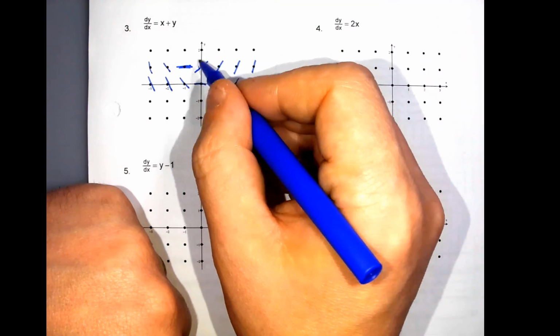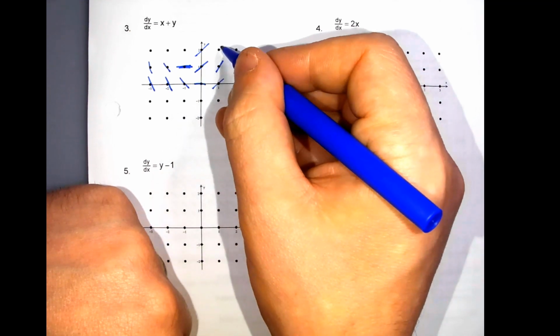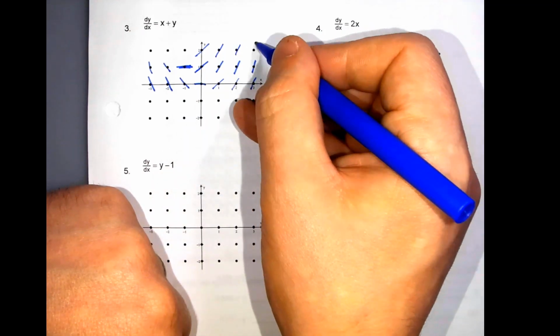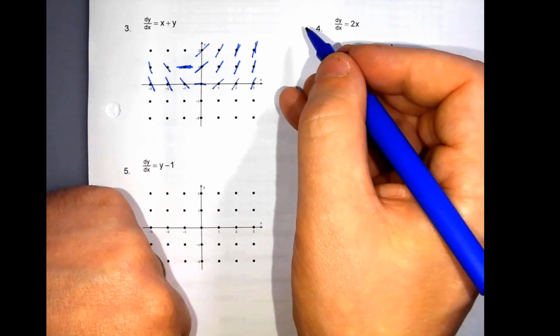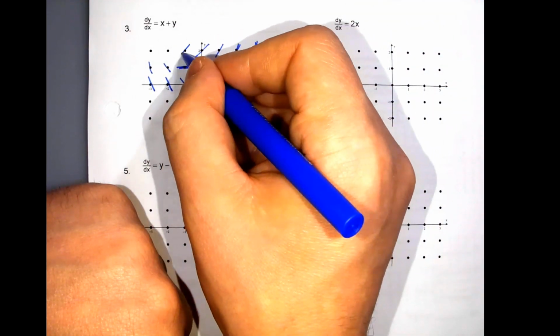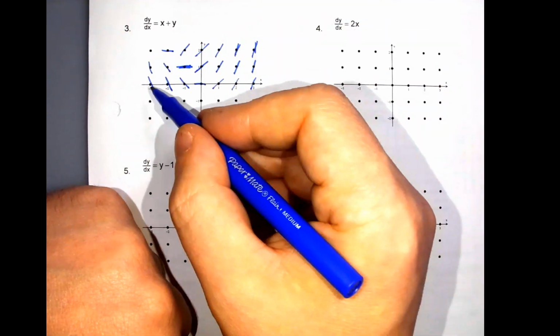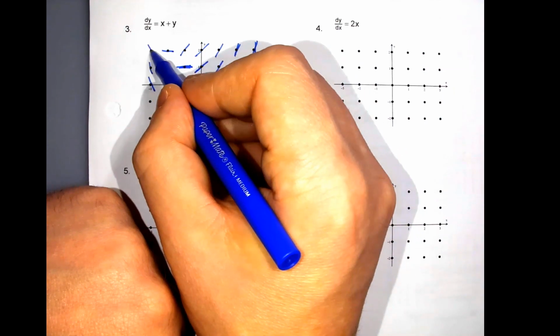Up here, 0, 2 gives me a slope of 2, and then 1 plus 2 is 3, and then 4, and then 5, so we're getting sharper and sharper and sharper this way. Over here, -1, 2 provides 1, -2, 2 gives me 0, and then -3, 2 gives me -1.